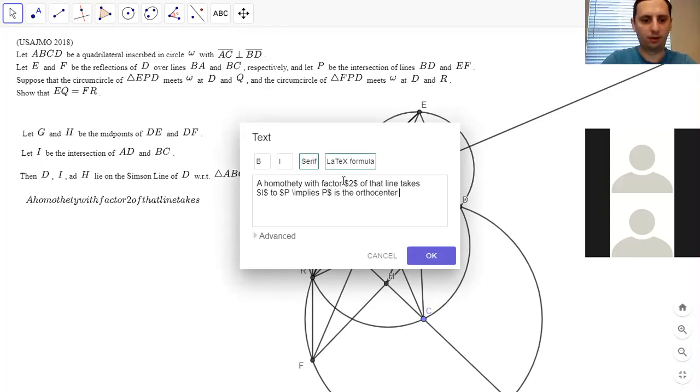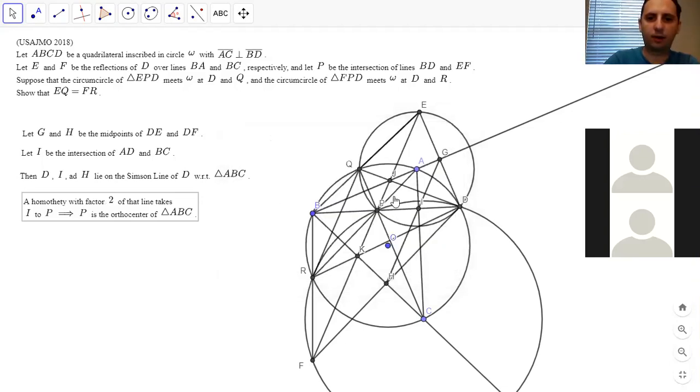Good point. So that proves that P is the orthocenter because the reflection of the orthocenter about the side lies on the circumcircle. So if you do it the other way, then it has to be the orthocenter. Okay.